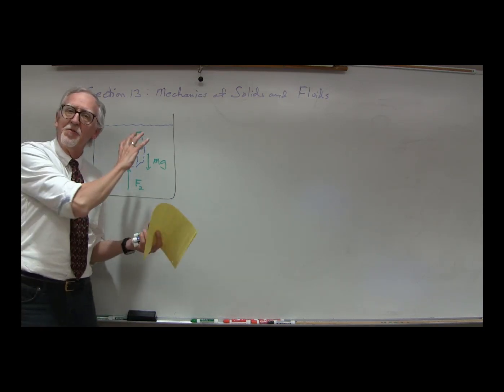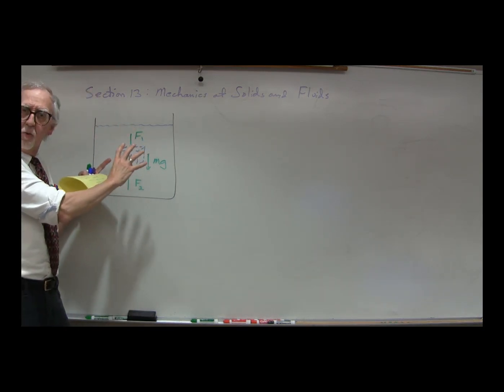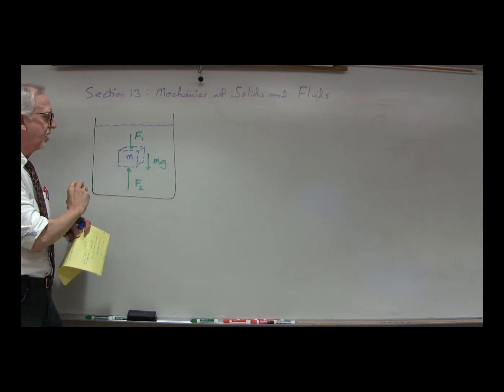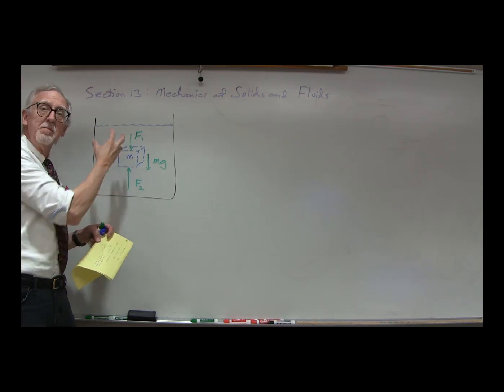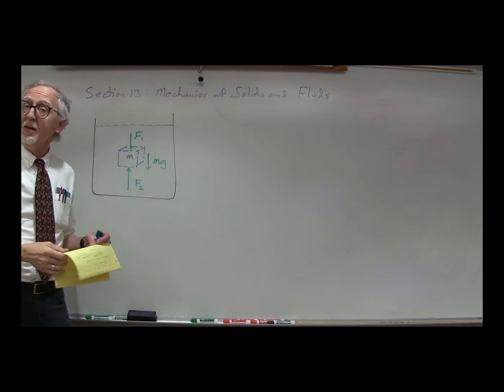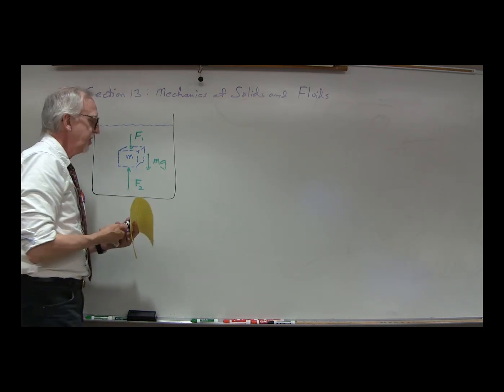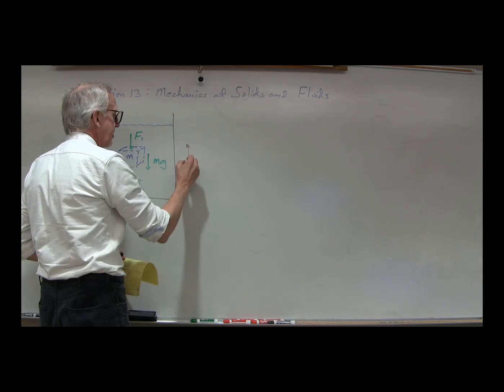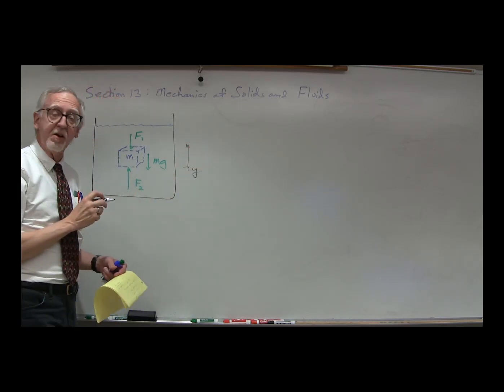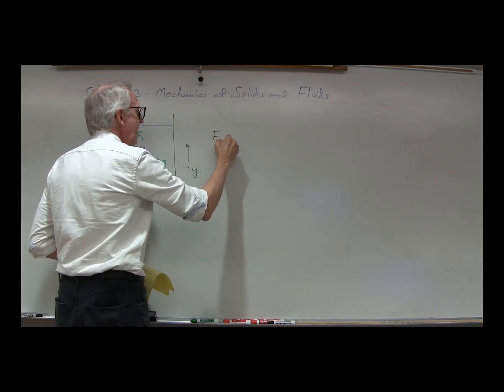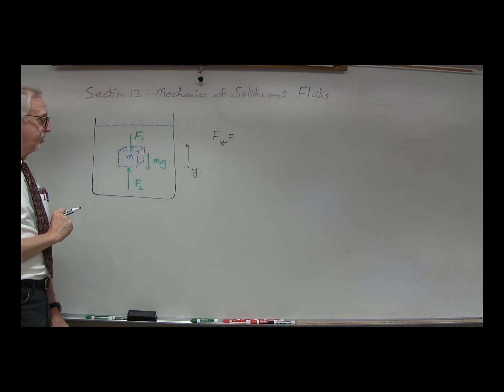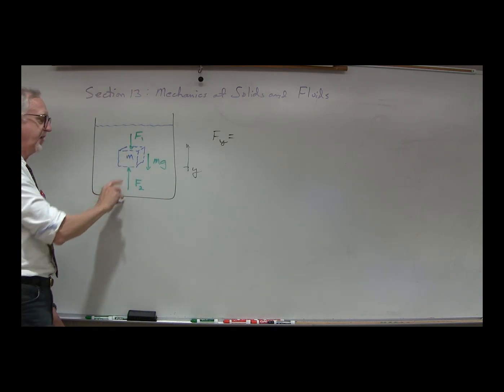Assuming that this fluid has been sitting here for a while and is stationary, we know that that section of fluid must be in equilibrium. In other words, the net force acting on it in the y direction must be 0. So what is the net force in the y direction? In the positive direction, we have F2.